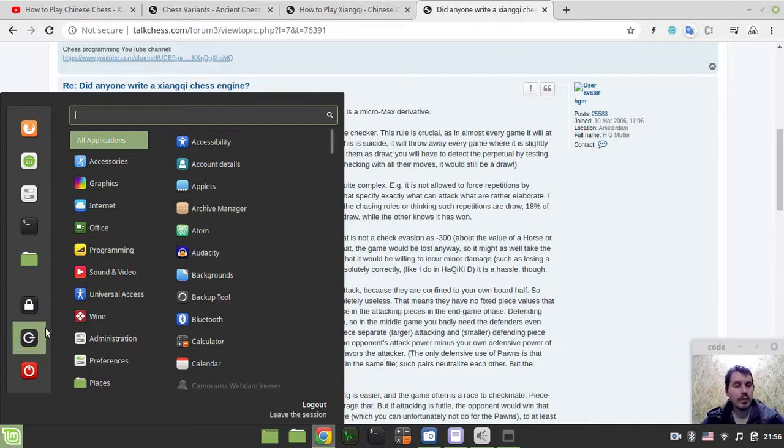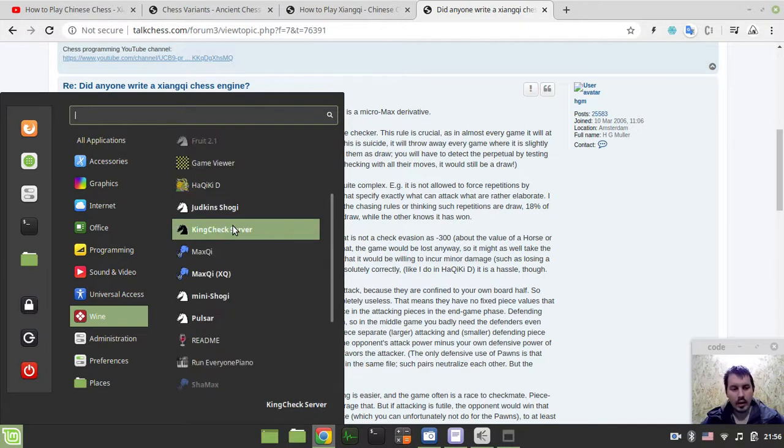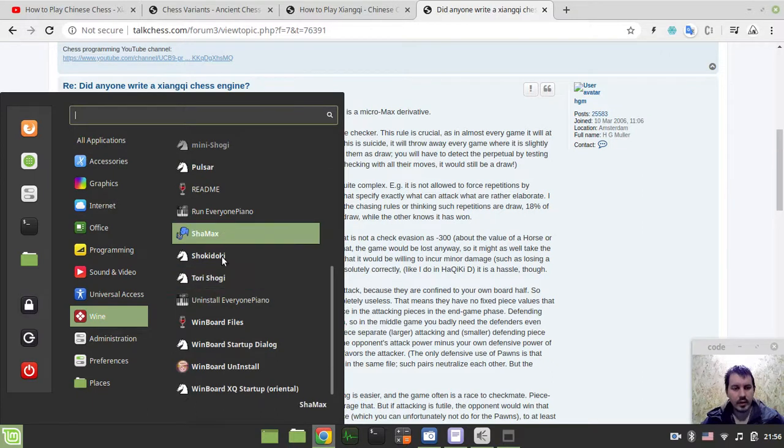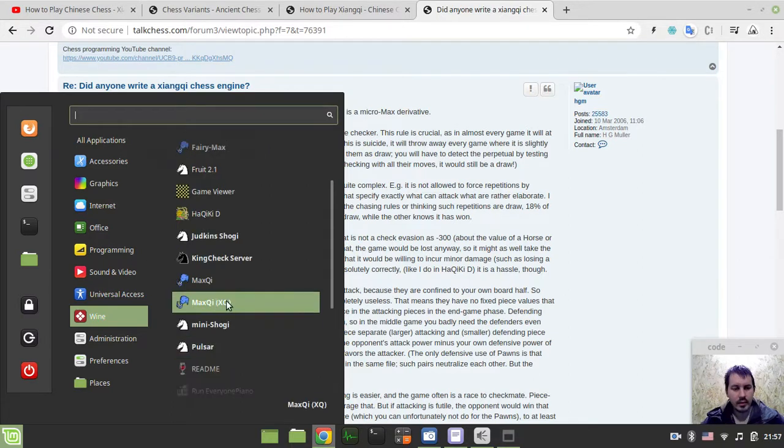So eventually I have really lots here. I've installed the WinBoard app, which supports many chess variants. So here they are: Maxqi, Maxqi X cube.